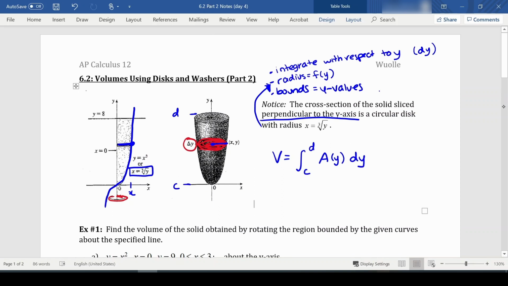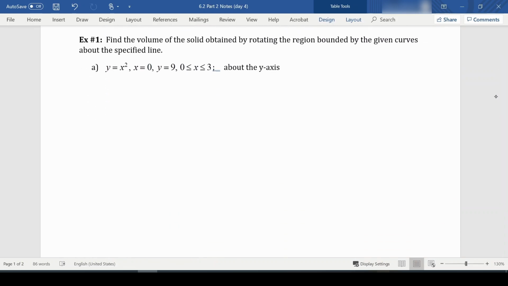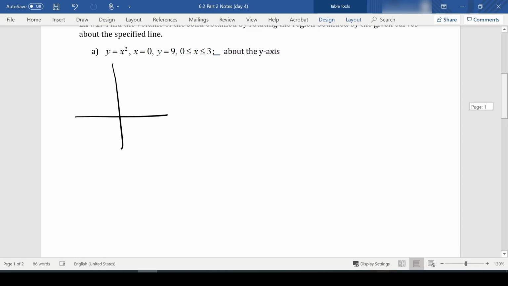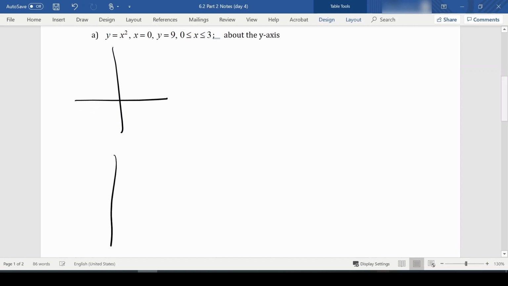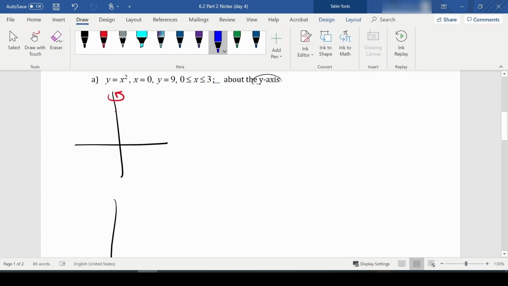Okay. So let's try one here. Again, we're going to draw the area, draw the volume. This time we're rotating about the y-axis, so we're going to be rotating this way. We have y equals x squared.